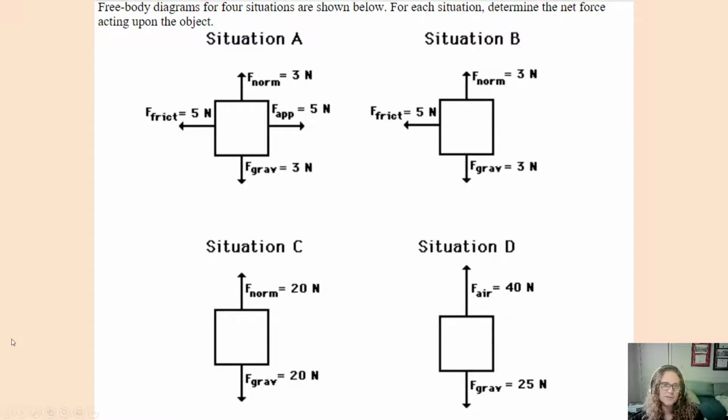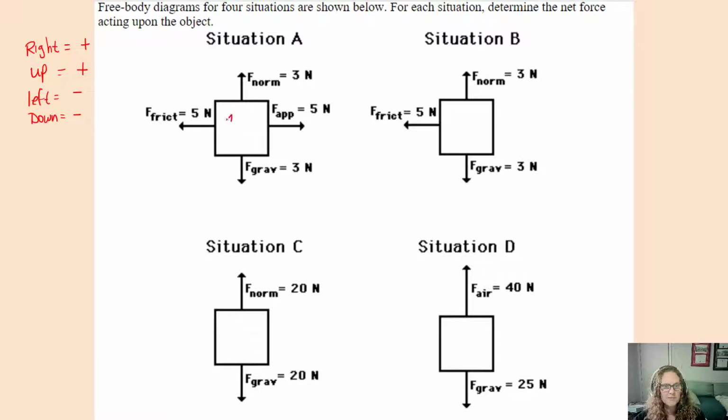So for example, in situation A, we have 4 forces acting on this object. And just so we are all clear, when something is moving to the right, we make that be in the positive direction. If it's moving up, that's considered a positive direction. Left is a negative direction, and down is a negative direction.